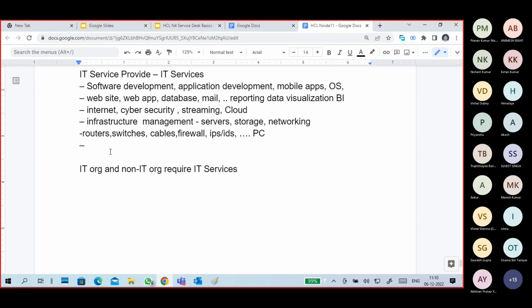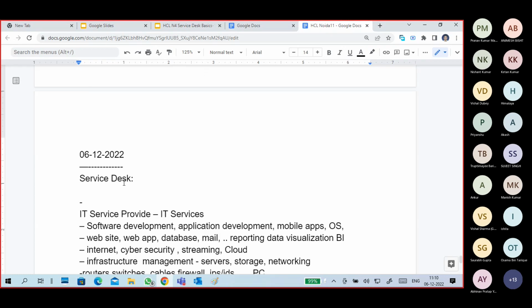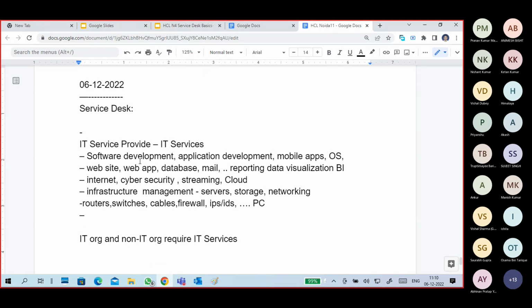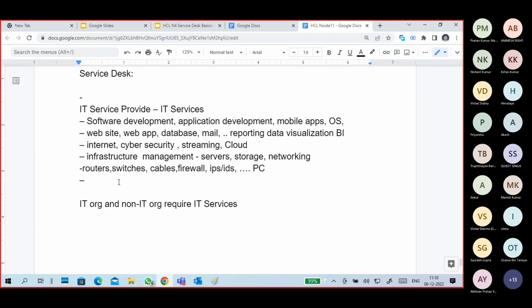But what is this service desk? Why are we telling all this story in the service desk, guys? Service desk is also part of service desk, help desk, monitoring infrastructure, monitoring concepts. Okay, these are all comes under IT services only.